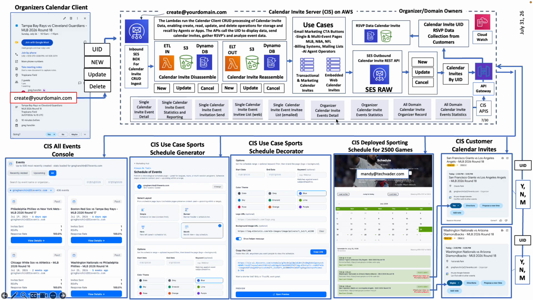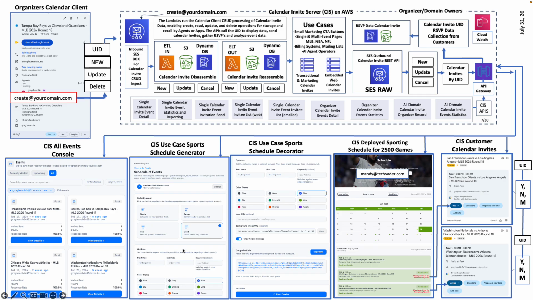And one of these APIs is a REST API for the reassembly of the calendar invite data on the fly. That's built into these UIDs, into these pages, and programmable logic inside applications or email templates.